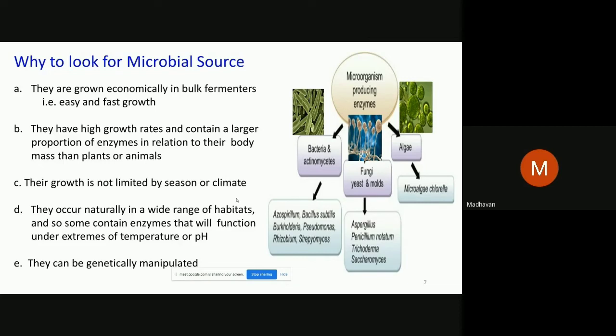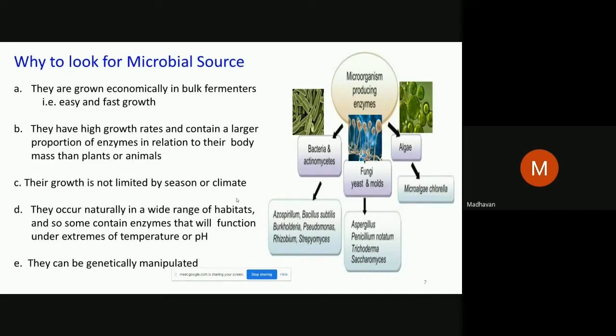Only from there you will get some kind of enzyme, and similarly with plants. But in microbes, the amount of enzyme you can get, compared to their body mass, is very huge. And their growth is not limited by any season or climate, because we can cultivate them under controlled conditions, and they occur naturally in a wide range of habitats.